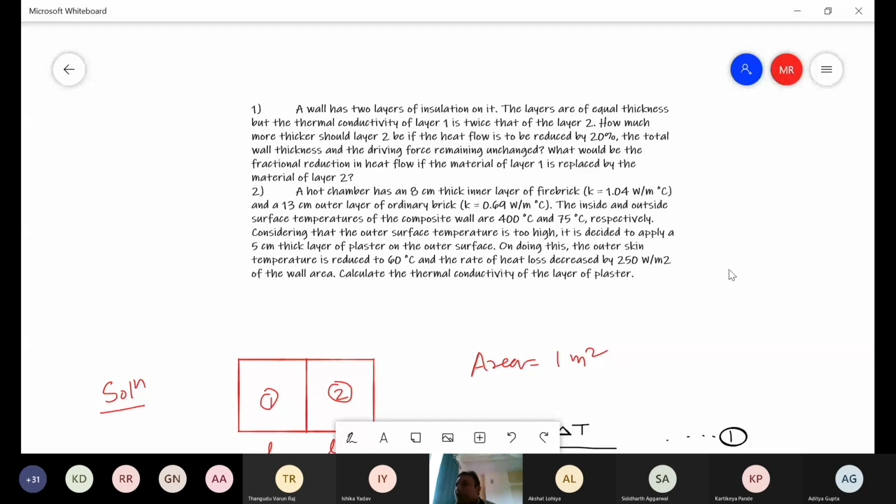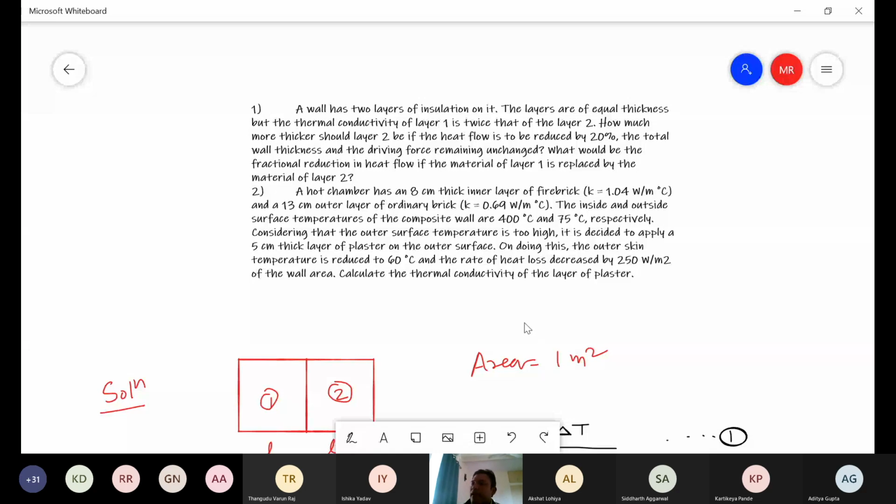But this temperature of the outer wall is considered to be a little bit higher, and because of that an additional layer of plaster is added, and because of this addition of the plaster layer the heat loss is reduced.